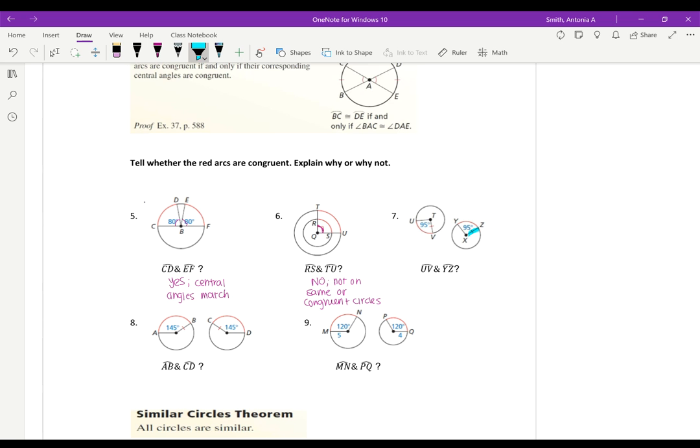This is the radius, and this is the radius. And you can see it has a little segment in it which shows me that yes, these are the same. So they are congruent. So now I just need to check, do the angles match? Well, this one's 95, this one's 95, so yes, they have the same central angles.